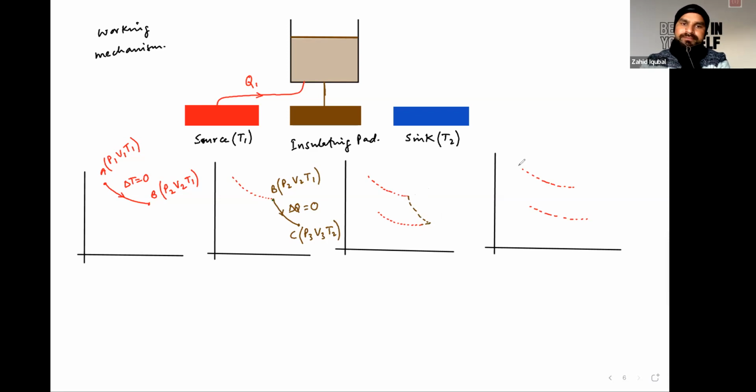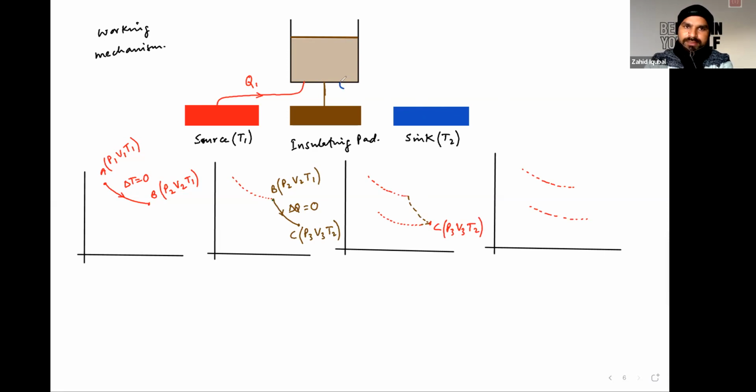Further, from this point C, pressure P3, V3 and temperature T2, when it has reached this sink, there will be no further expansion in this particular system.